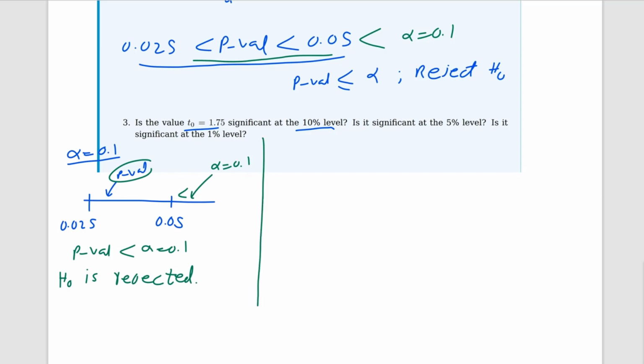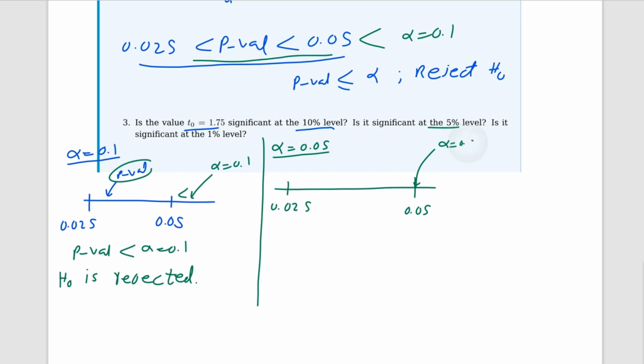For the next one, they are asking, is it significant at 5%? Alpha equals 0.05. That is alpha. Then how do we do this one? Again, this is 0.025 and this is 0.05. So the p-value is in this interval, and alpha equals 0.05. That is the upper bound, the same thing, right?